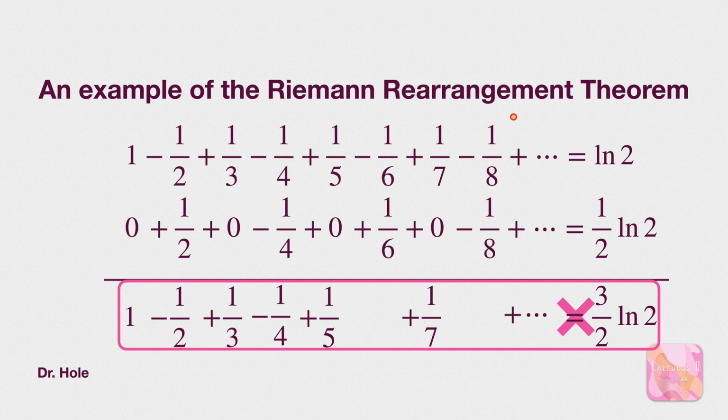So by this rearrangement, we're able to use just the original terms and produce a completely different value. Using only finite terms, that will never happen.